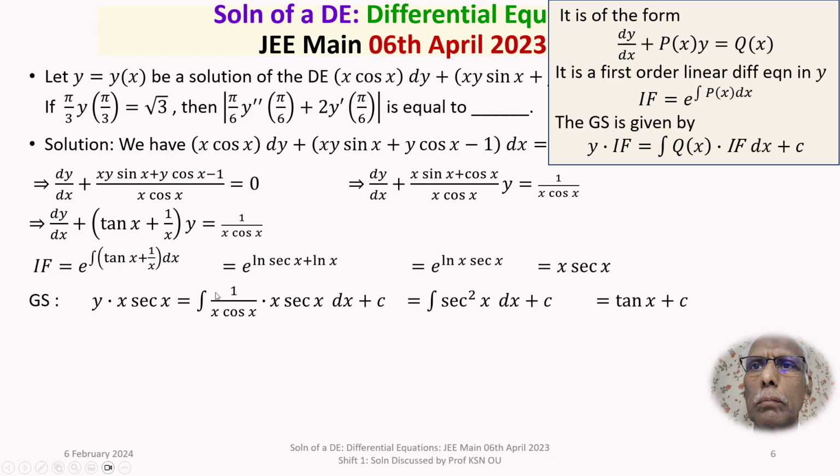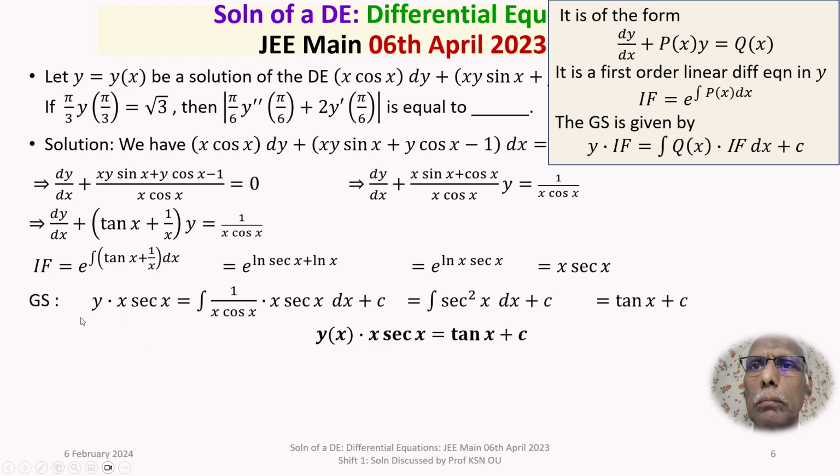Now in this integral, cos x and sec x are related: 1/cos x is sec x, times sec x is sec² x, and x and x cancel. So it will be the integral of sec² x dx plus c. The integral of sec² x dx is tan x + c. So y times x sec x is equal to tan x + c, where c is the constant of integration, is the general solution of the differential equation.